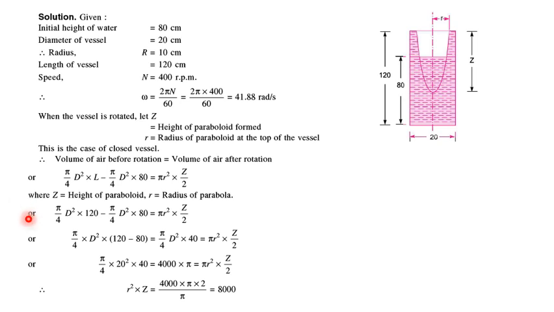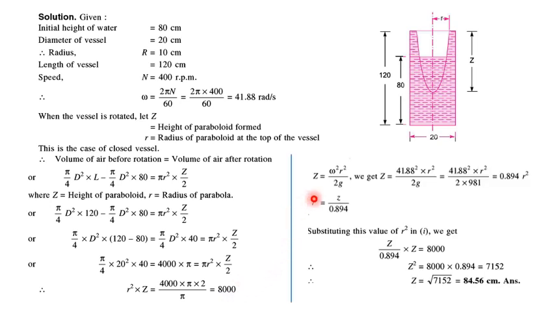So the complete volume of the vessel, which is pi by 4 d square into 120 minus the volume of water, which is pi by 4 d square into 80. This is equal to the volume of paraboloid form. So pi r square into z by 2. So simply rearranging this expression, we'll get this relationship of r square into z, which is equal to 8000.